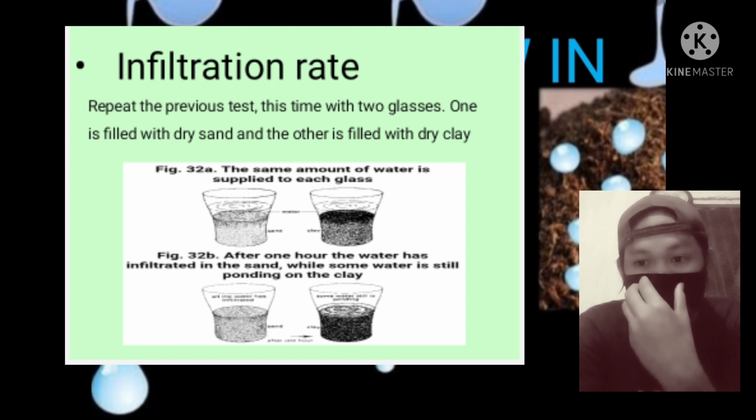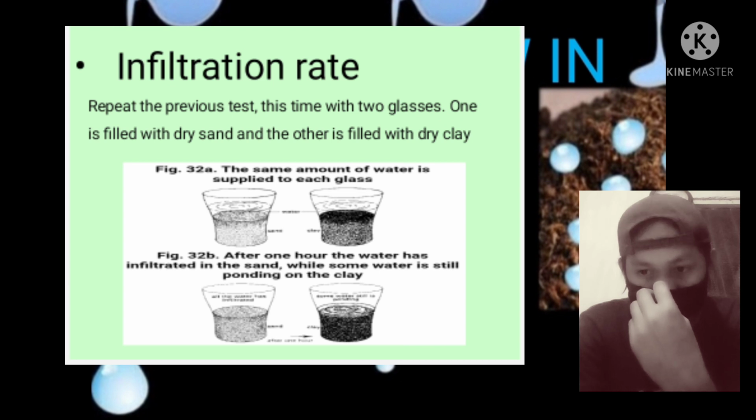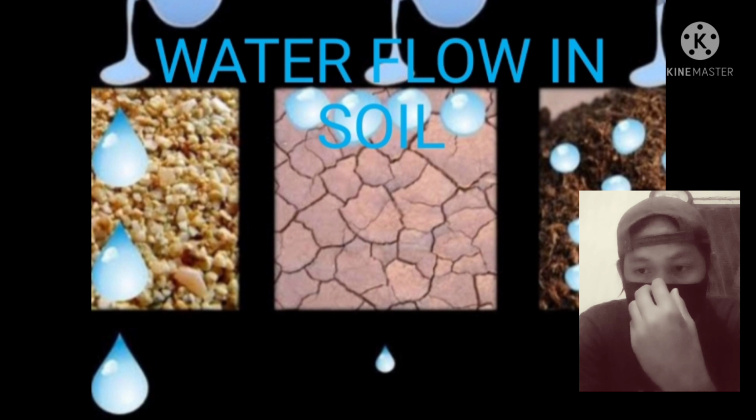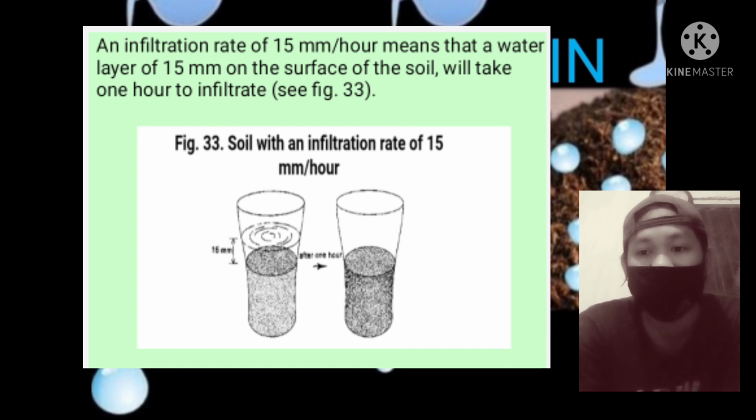The infiltration rate of a soil is the velocity at which water can seep into it and is commonly measured by the depth in mm of the water layer that the soil can absorb in 1 hour. An infiltration rate of 15 mm per hour means that a water layer of 5 mm on the surface of the soil will take a third of an hour to infiltrate.